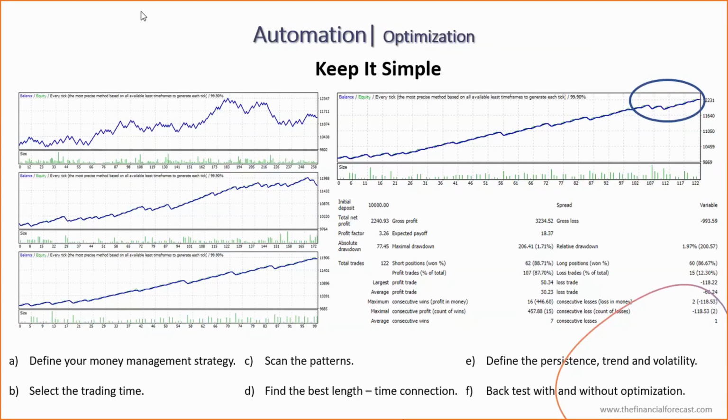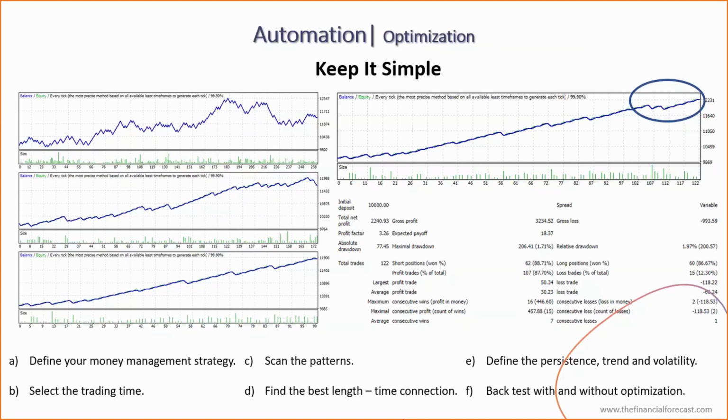And not the last step, but one important step: we now have this length and time connection defined, as we saw before. That's really important to build that fractal in financial markets. We take the picture, we need to find out the best persistence, strength, and volatility for that pattern.